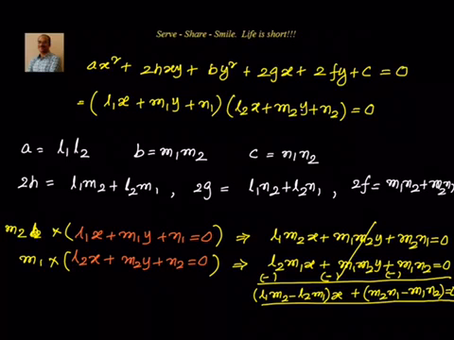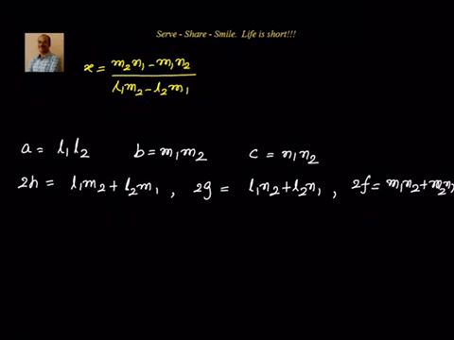Or can I write x equal to M2 N1 minus M1 N2 divided by L1 M2 minus L2 M1. This is my x value. Now we are almost there. The only thing is we have it in terms of L's, M's and N's. Now we have to convert that into A, B, C, H, G and F. How do we do that? Let us see that now.